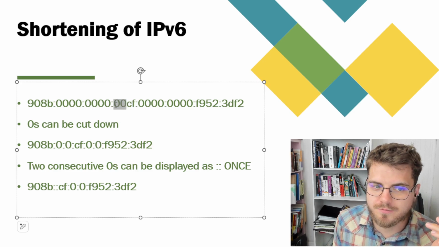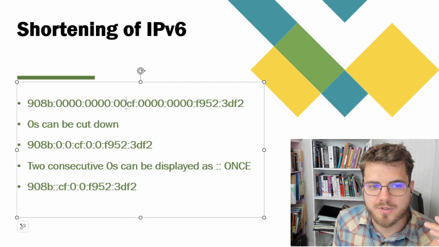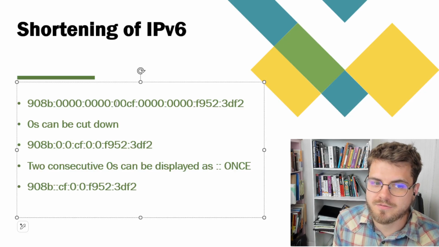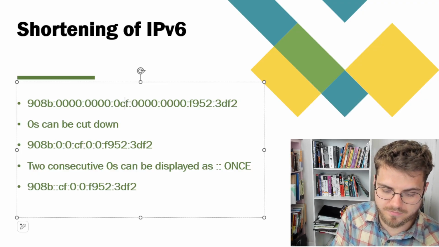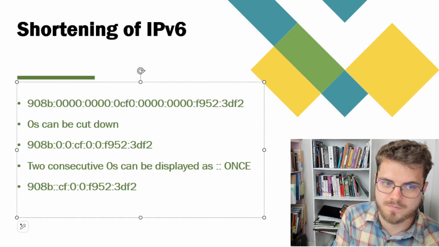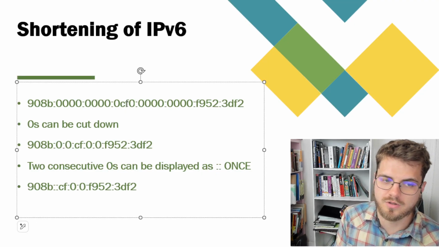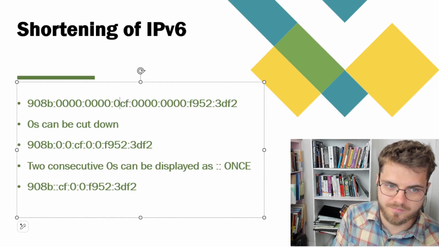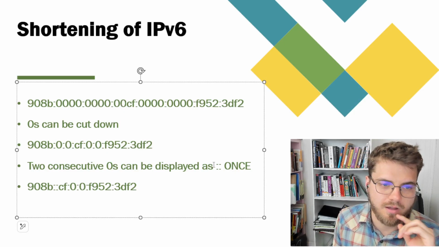So if it was CF first and then 00, you can't omit those; you can only omit them on one side. That's because it can get very confusing if you could omit them on either side, because you could have something like this, then you have CF, and you don't know if it's 00CF, CF00, etc. So you can only do it on that side.